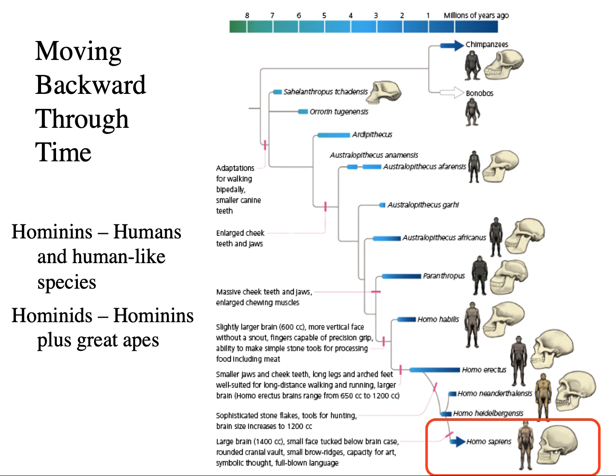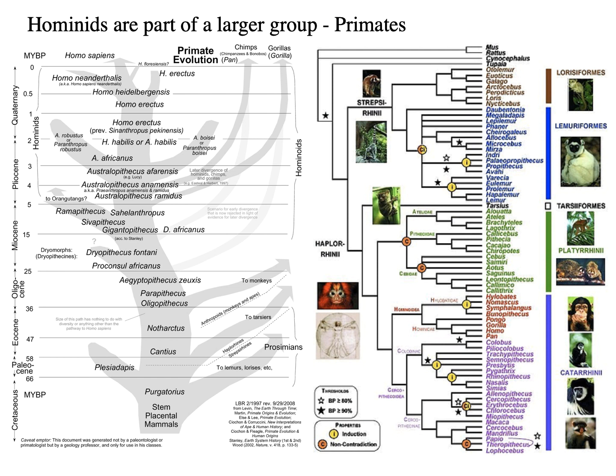The hominins are humans and human-like species, and the hominids are hominins plus the great apes. So moving back further, this is looking at the primates. So up here is Homo sapiens and Homo neanderthalensis. Here are the chimps and gorillas that split off again around 5 to 7 million years ago.